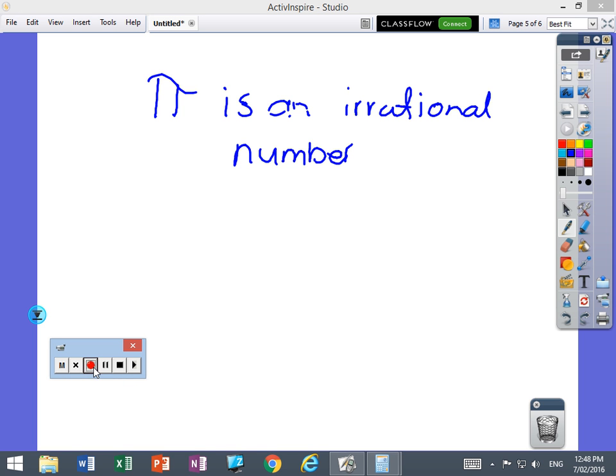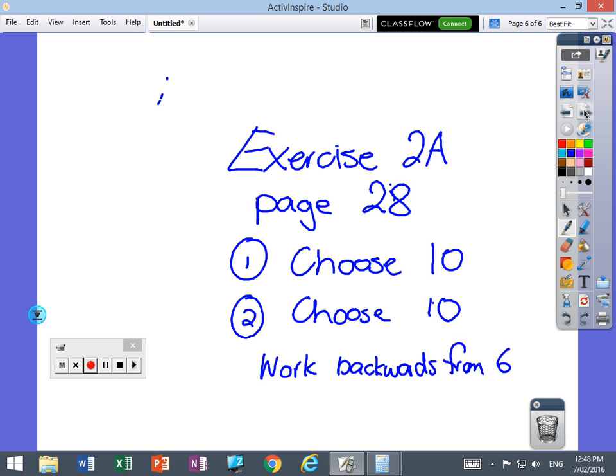Okay, so for some practice and just to ensure that you've got a good understanding of the stuff that we've just covered, could you please jump to page 28, exercise 2A in your textbook, questions 1 and 2, and just choose 10 of them.